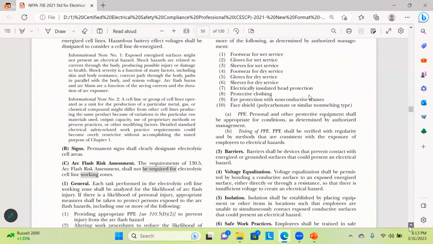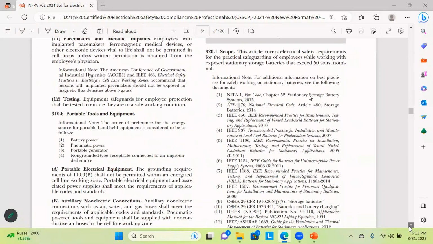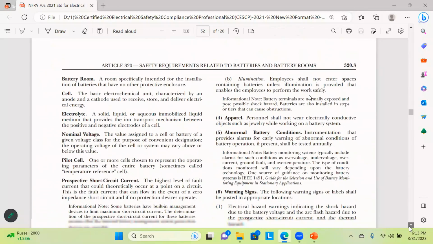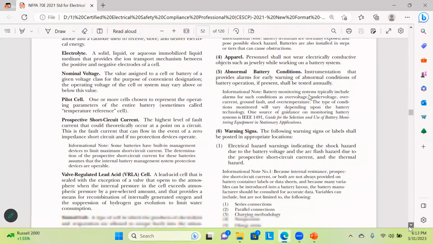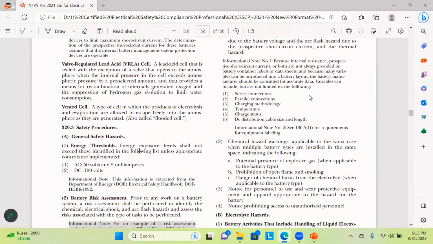In batteries, it will ask you about its energy thresholds. For battery, energy exposure levels shall not exceed those identified in the following list unless appropriate controls are implemented. For AC, 5 volts and 5 milliamperes, and for DC it's 100 volts.